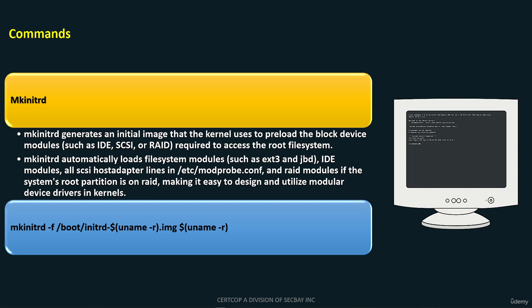The mkinitrd runtime daemon automatically loads the file system modules, the ext3, all SCSI host adapter lines in the modprobe.conf file, and any RAID modules if the system's partition is on RAID. So this is making it easier to design and utilize modular device drivers inside of kernels.